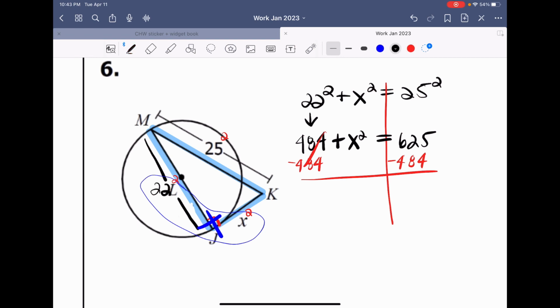And we get 141. And then at the end, square root. So x equals whatever the square root of 141 is, which is 11.9. All right, there you go.